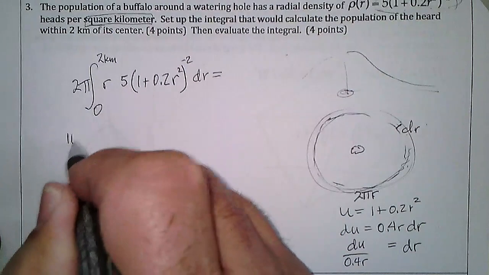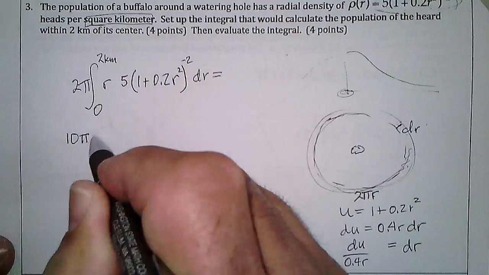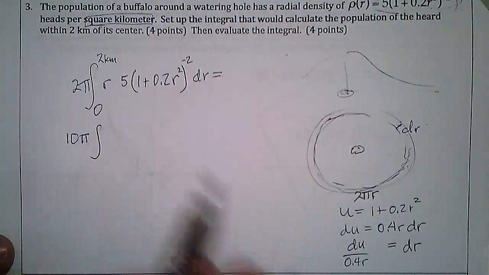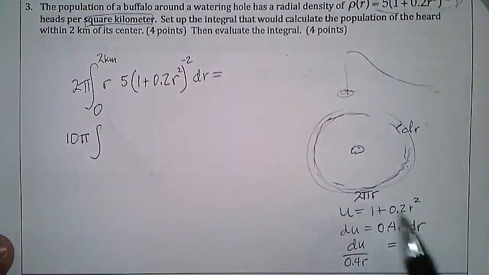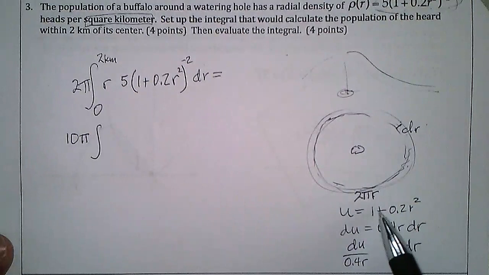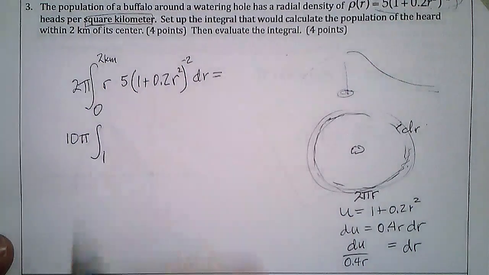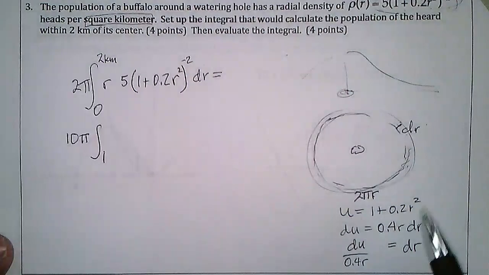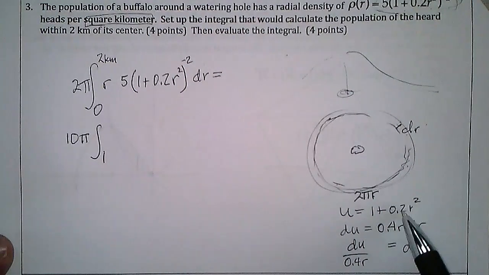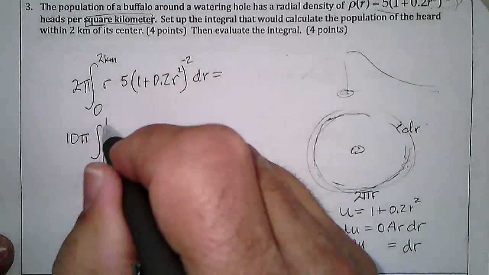So I'm going to have 10 pi integral, new limits. If I put in 0, 1 plus 0 squared times that is just 1. And if I put in 2, 2 squared is 4, times 0.2 is 0.8. 1 plus 0.8 is 1.8.